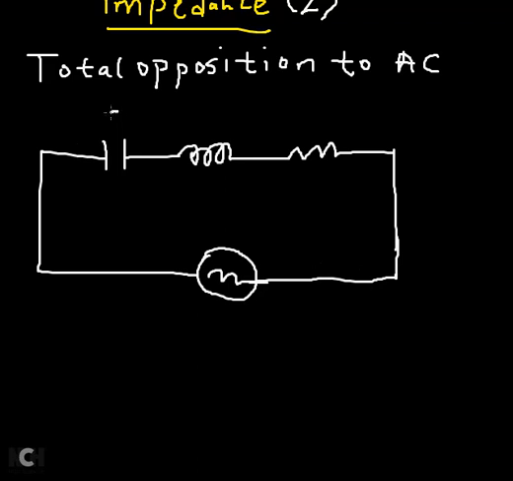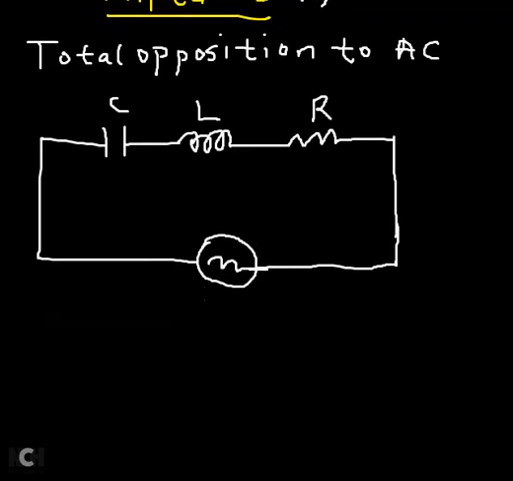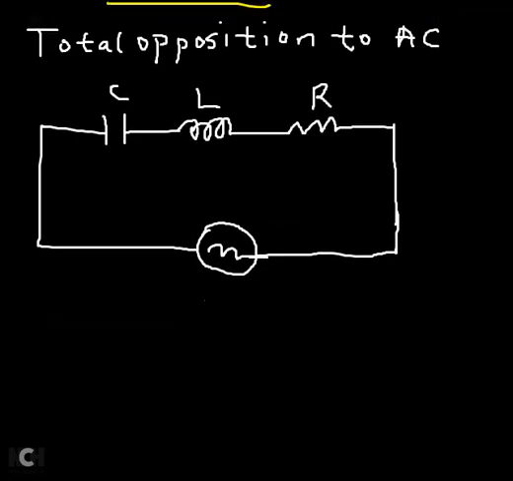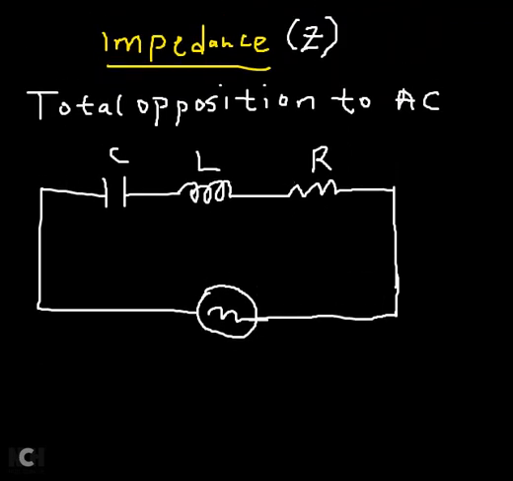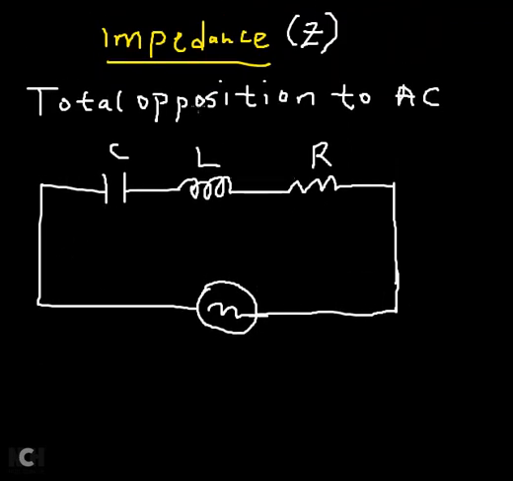So capacitor C, inductor L, resistor R connected to an alternating current. The total opposition offered by these three components is called impedance.